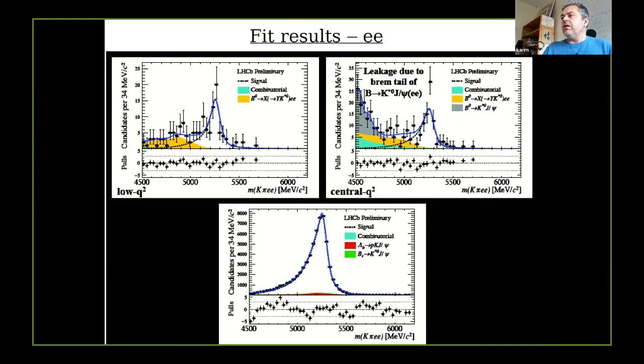In the case of R_K star, you need the K star ee, and you see here the distribution you obtain. Because of the worse resolution, you have to be extremely careful about the background estimation, and that's what is done in the different K star analyses.